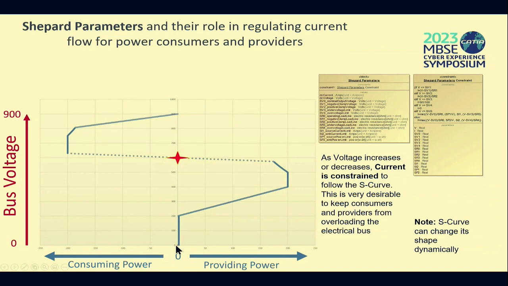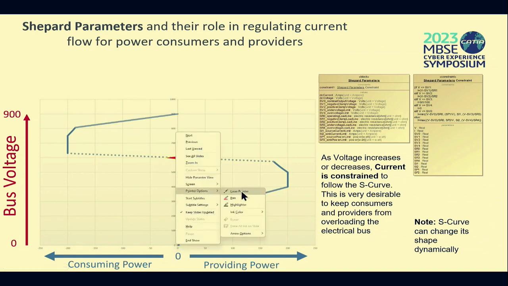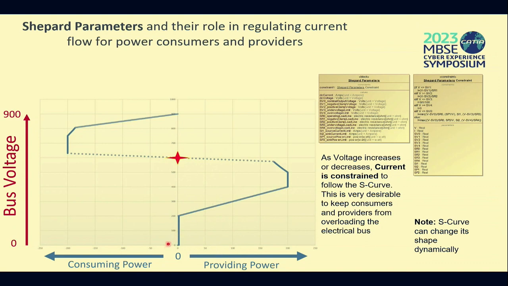So what we did was essentially, I'm going to change this to a laser pointer. We increased the voltage. This is specifically for one module, but this actually happens for every single power consumer and provider individually. So what you notice here is as we were increasing the voltage from 0 to 900, the current was limited to following this shape, and that is exactly what we wanted it to do. So that is how we wanted it to behave.